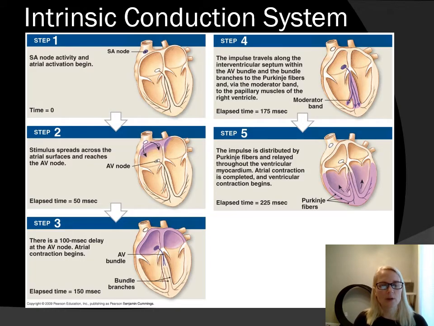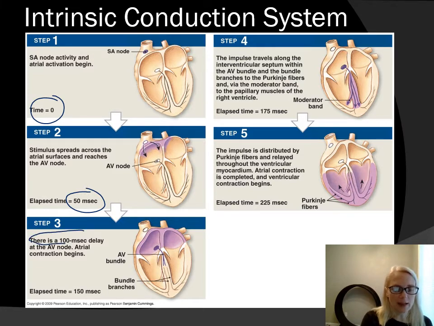All right, so here we're going to take a look at the steps and the timing associated with the intrinsic conduction system, starting at time 0. At time 0, the SA node fires and atrial activity begins. It takes about 50 milliseconds to travel that message from the SA node to the AV node. And then at the AV node, there's what we call a 100 millisecond delay.